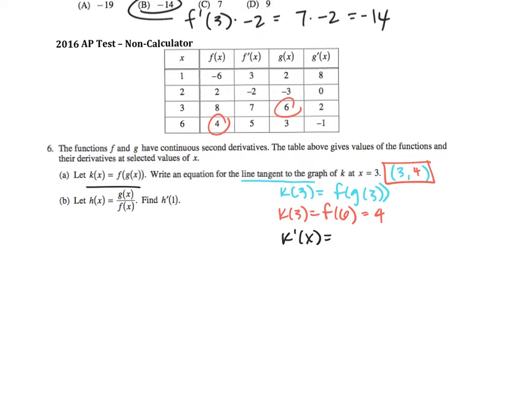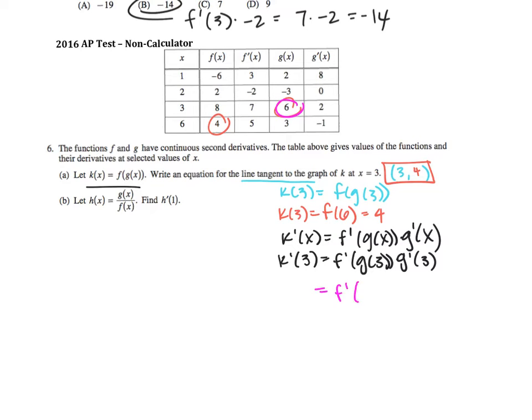There's my point. I need a slope, therefore I'm going to need k prime. k prime of x, again, this is going to be chain rule. Derivative of the outer, leave the inner, times the derivative of the inner. They want the slope when x is 3. So we got f prime of g of 3 times g prime at 3. And I use that table. g of 3 one more time is 6. g prime at 3 is 2. f prime of 6 is 5.